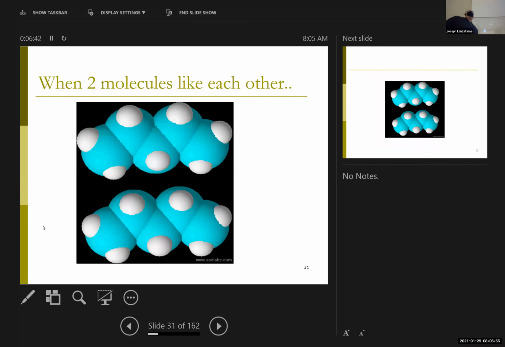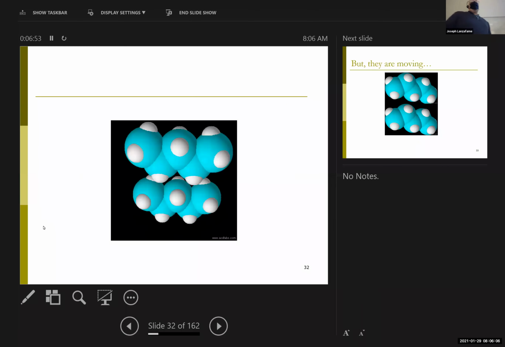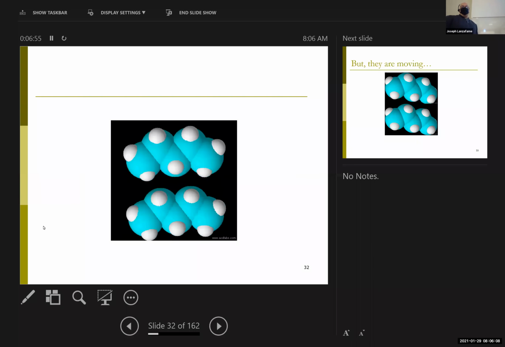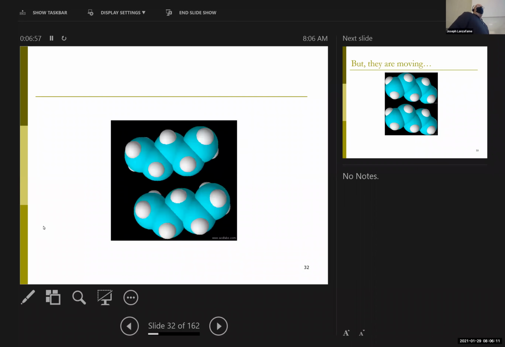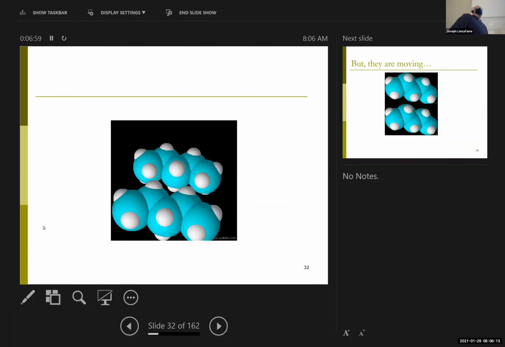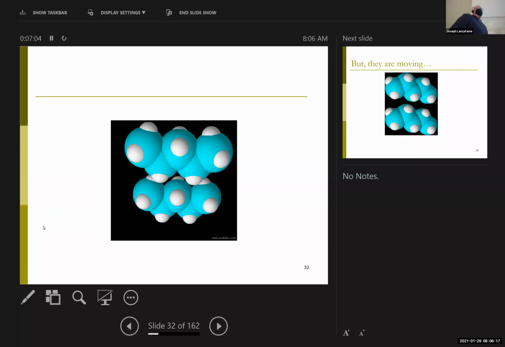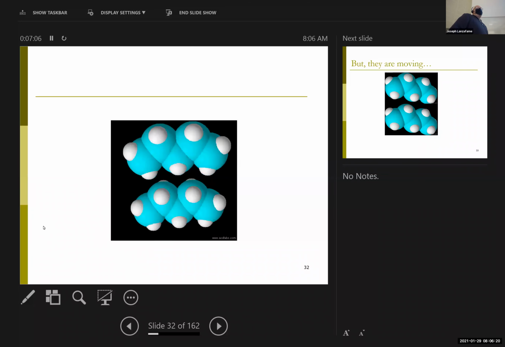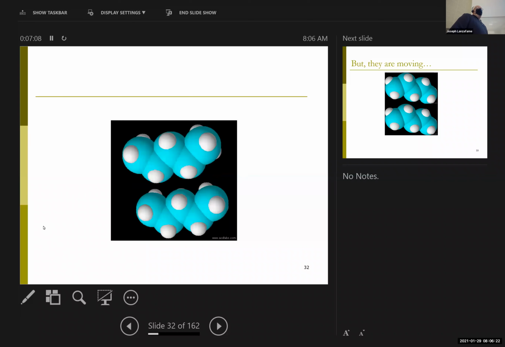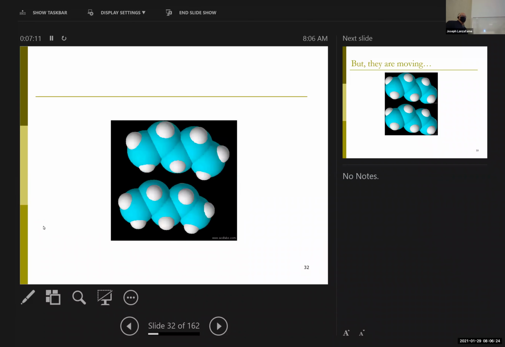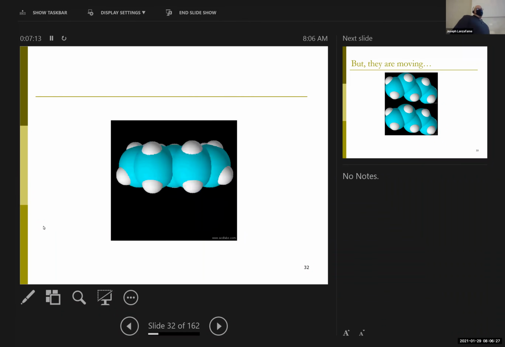If you turn off the motion, the molecules are attracted, they're just going to clump up. If they're moving quickly, or at least quickly enough, they escape each other. The maximum attraction between these two pentane molecules is this alignment, where you've got complete overlap of the one caterpillar with the other caterpillar.